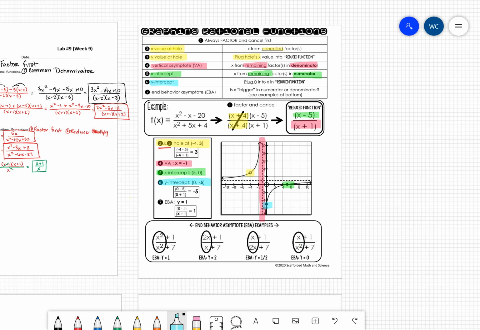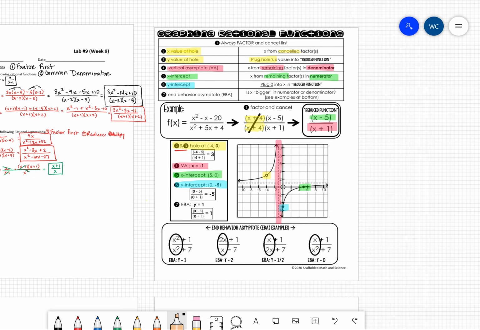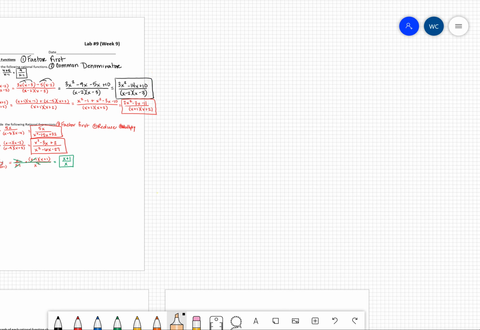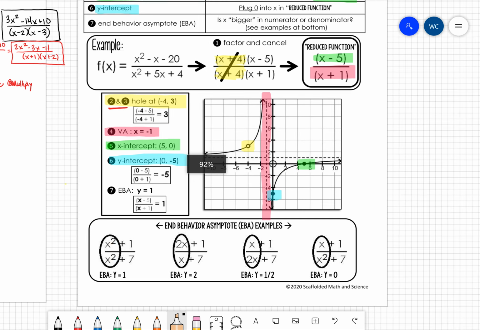Now, we have to talk about the horizontal asymptote. If we have a vertical, we're going to have a horizontal. Let me choose a different color. I'll go orange. The end behavior is controlled by our very first term.